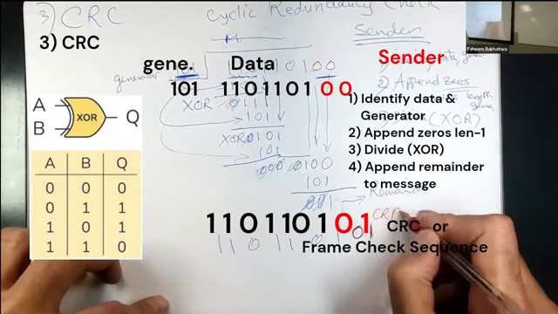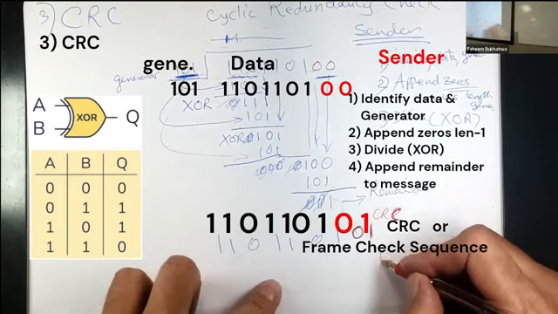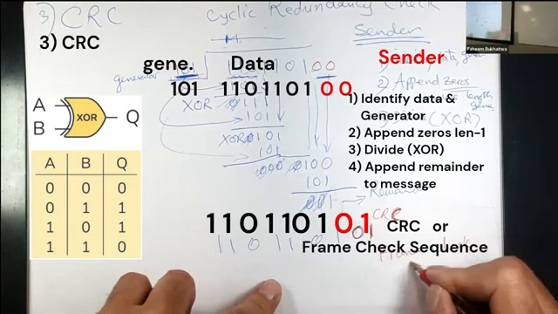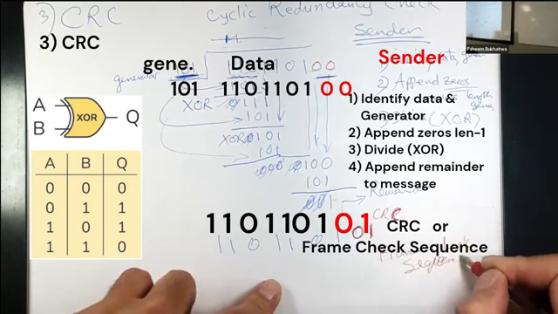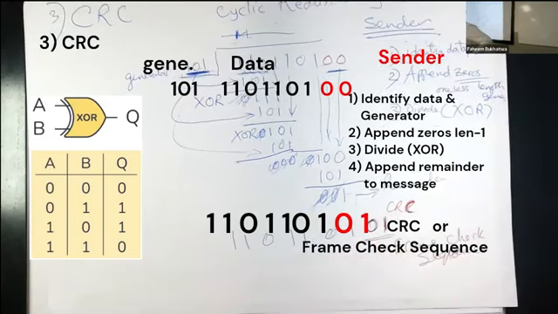In some networks they call it the frame check sequence, FCS. But many people just call it the CRC. That's the CRC complement that you need to send, that the receiver will use.